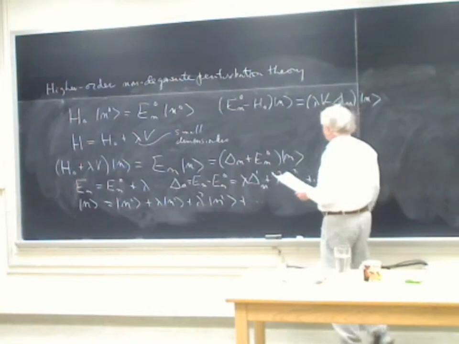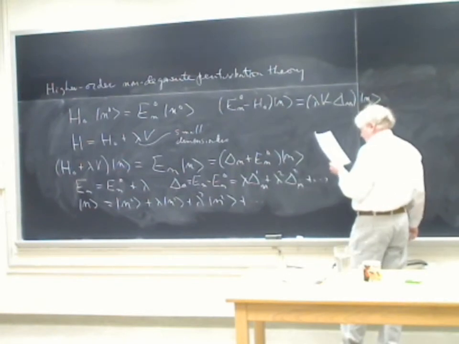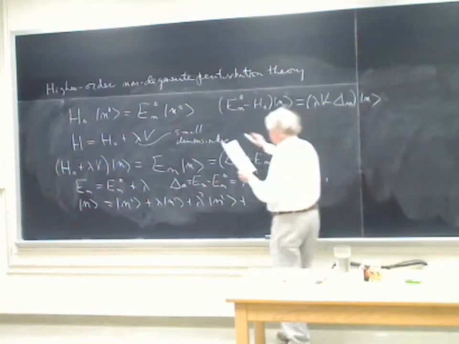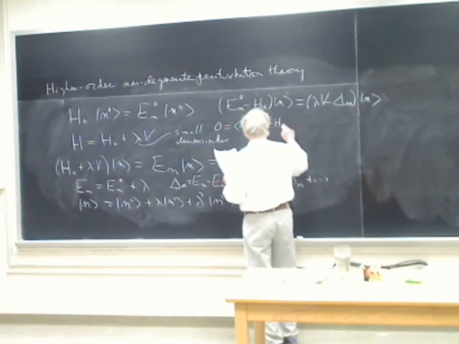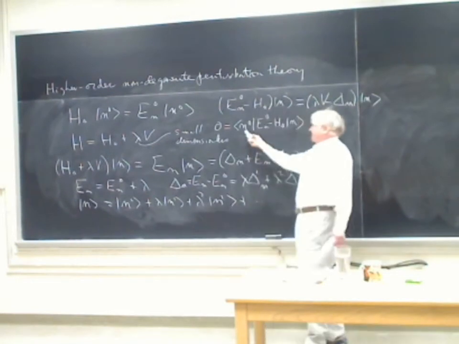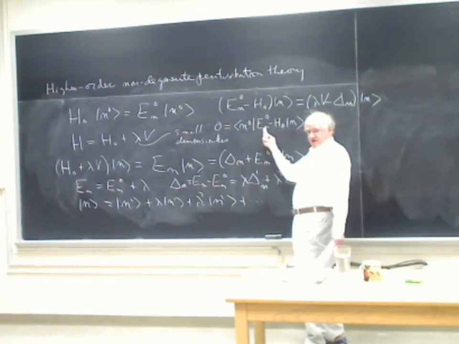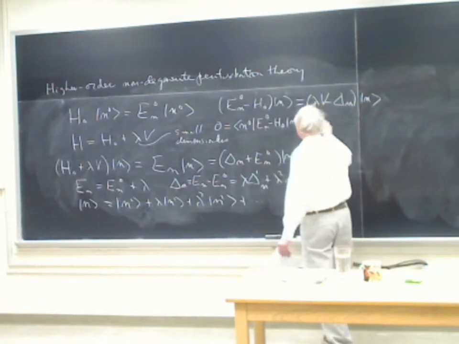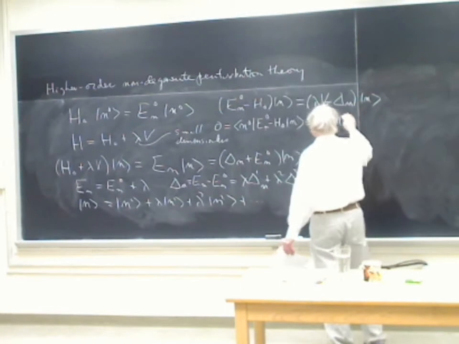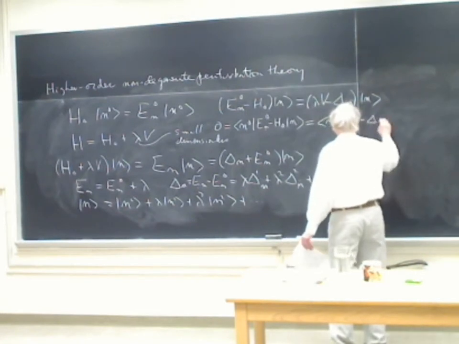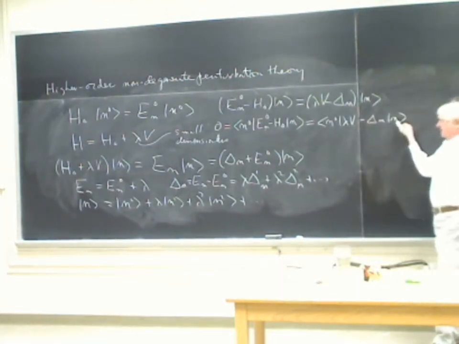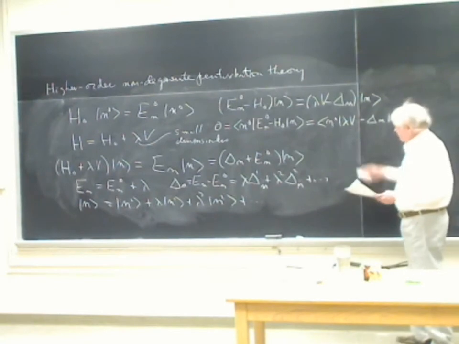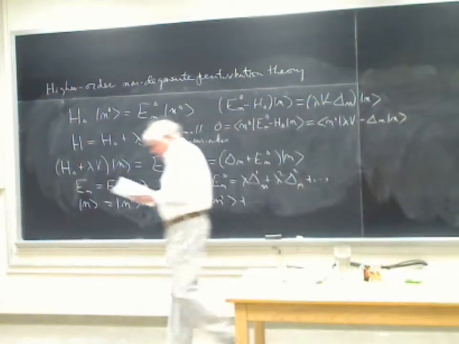In particular, this tells us that n0, on this to the left, En0 minus H0, and because n0 is an eigenstate of H0 with eigenvalue En0, this cancels. And that means that n0 is orthogonal to this state, lambda V minus delta n on n. So orthogonal to n0. This is something that we'll be using later.